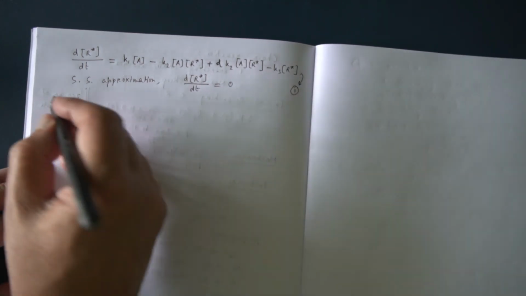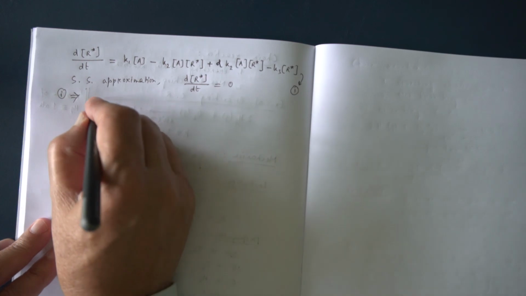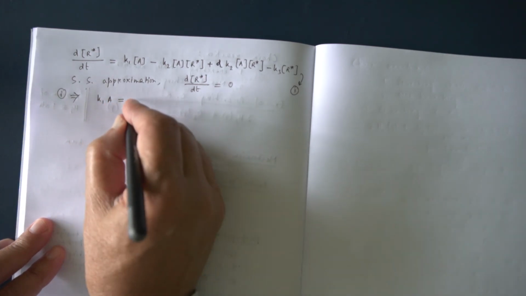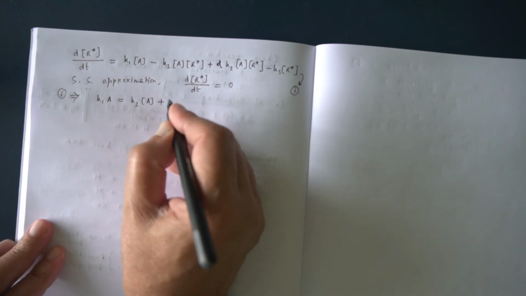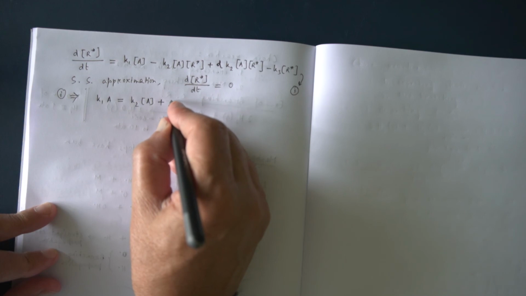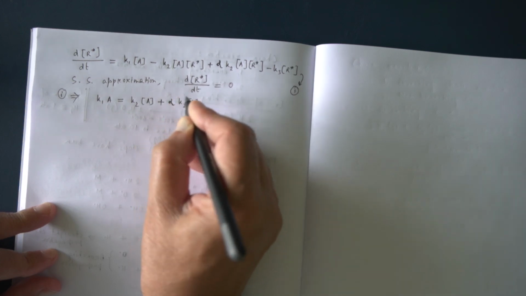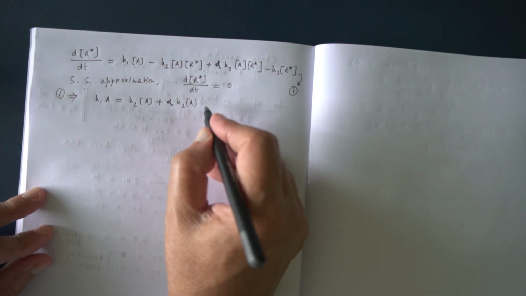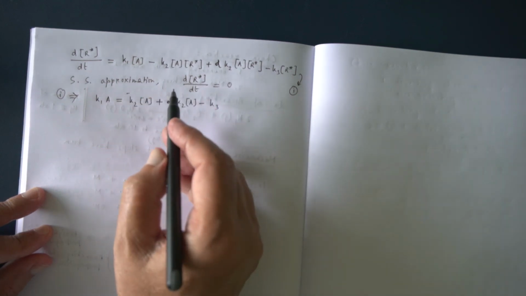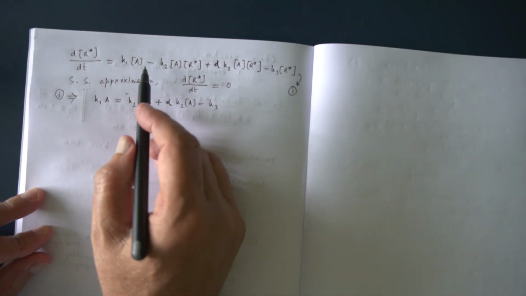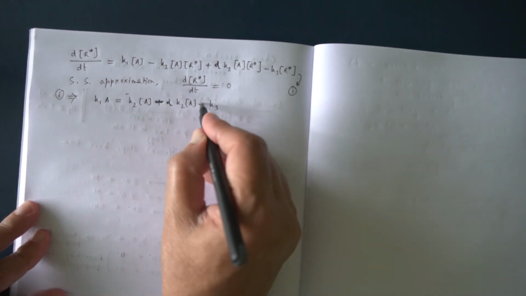From 1, let me write it like this: k1a is equal to k2a plus alpha into k2a minus k3, this into r.